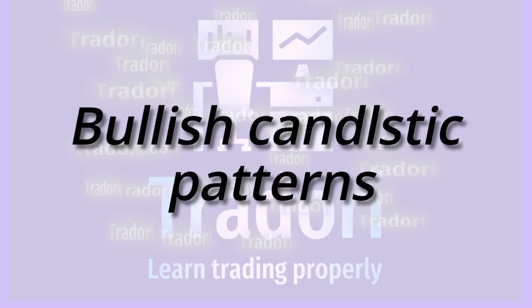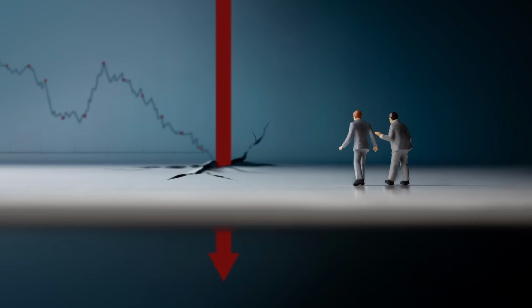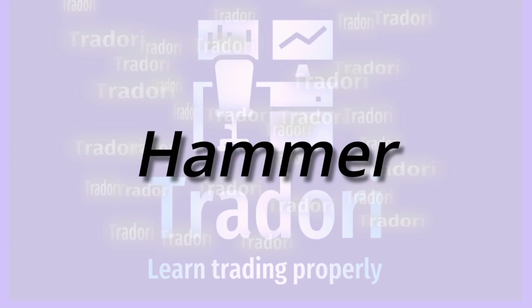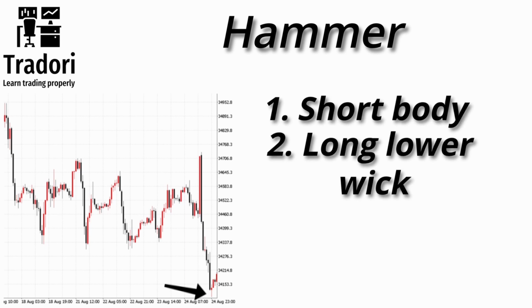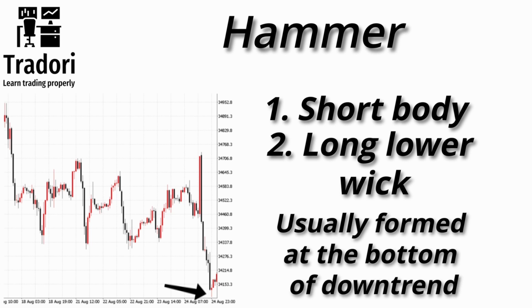Bullish candlestick patterns. Bullish candlestick patterns may form after a market downtrend or as a signal of reversal in price movements. Hammer. The hammer candlestick pattern has a short body with a long lower wick and is found at the bottom of a downward trend.